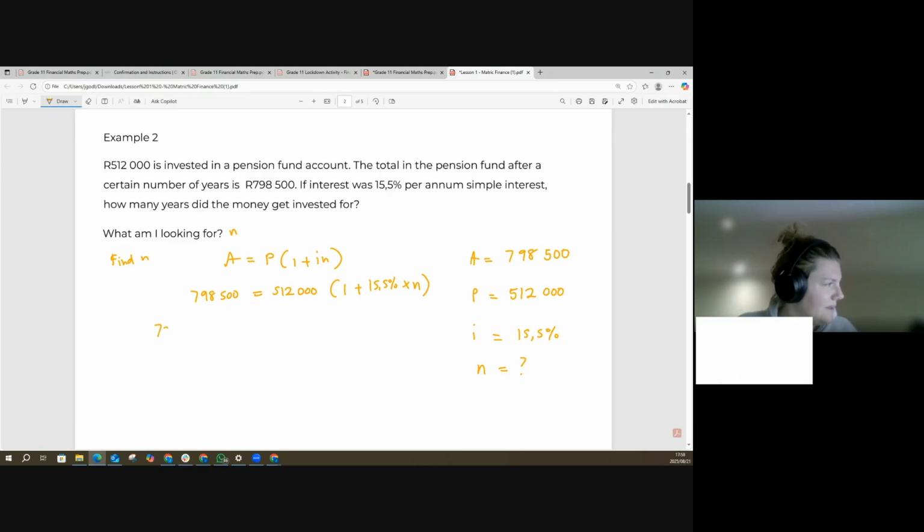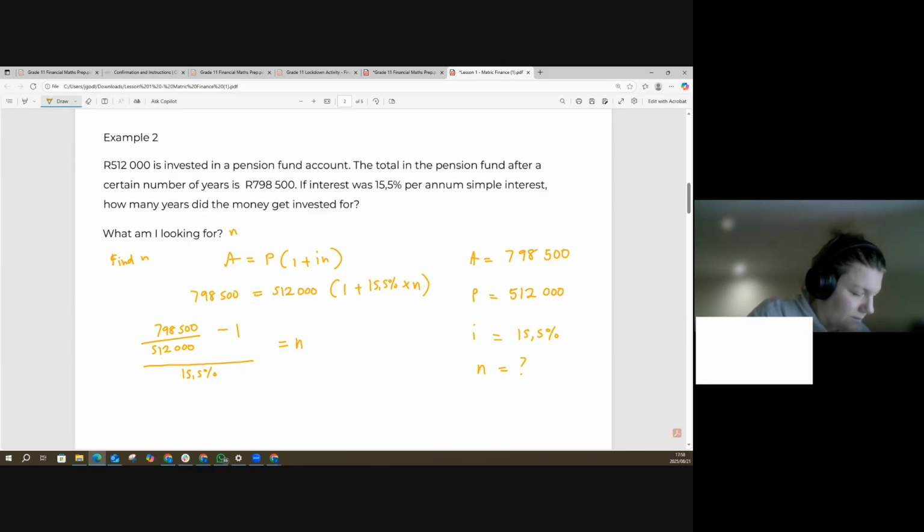Let's write this all out: 798,500 divided by 512,000, and then we are going to minus 1, and we're going to divide all of it by 15.5%. And we get n is equal to 3.6101, and so on.